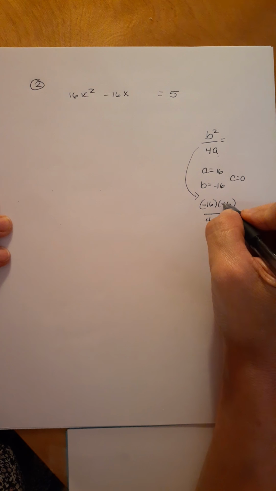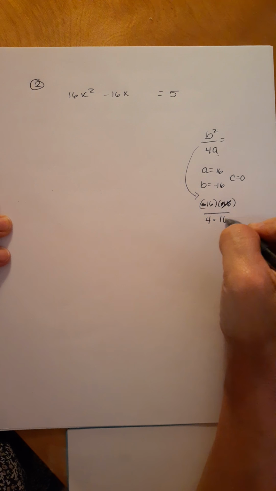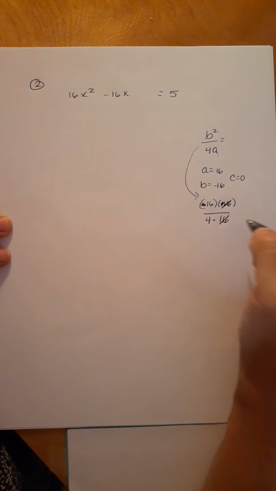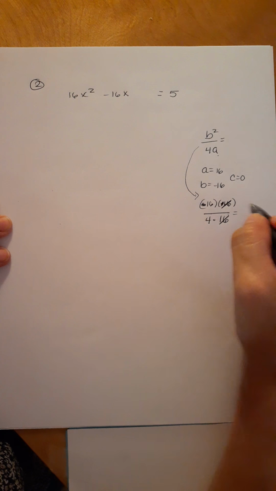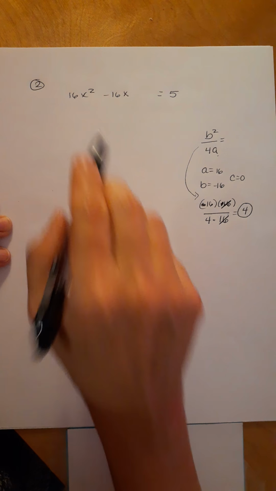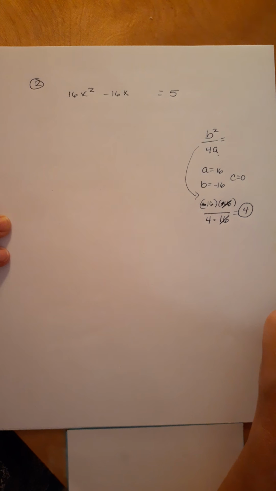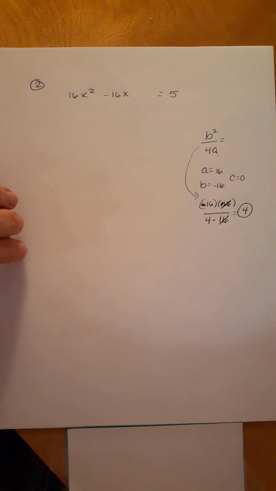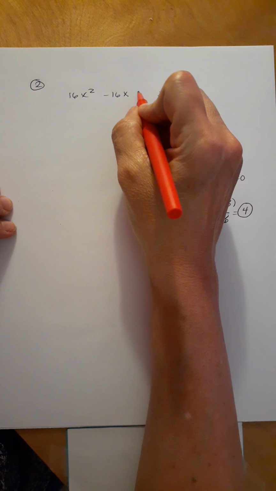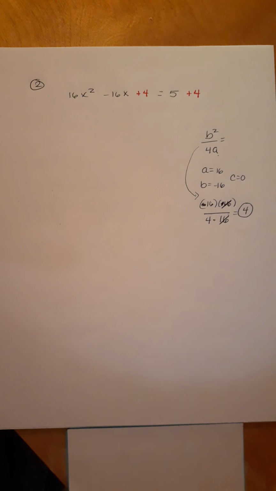So I cancel out these negatives, and I get 16 divided by 4, which is 4. That is what I'm going to be adding to both sides. So I'm going to add 4 and 4.